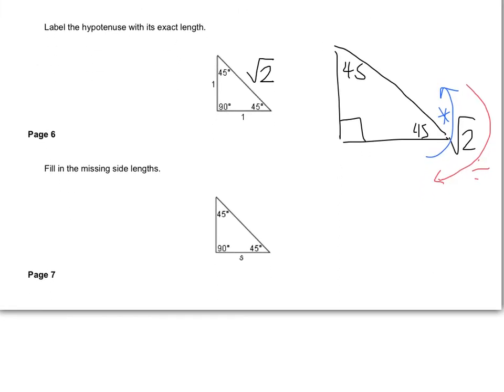And that will always be true. So in this 45, 45, 90 triangle, it tells me the base is S, so then the other leg must be S. My magic number is square root of 2. So to get from this side here to my hypotenuse, I'm going up, so I'm going to multiply by the square root of 2. So I end up with S times the square root of 2.